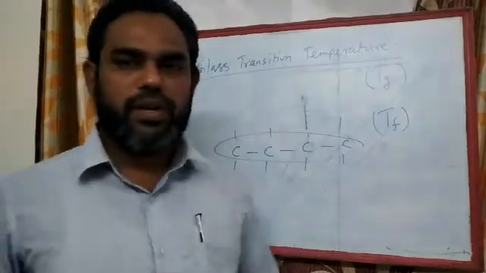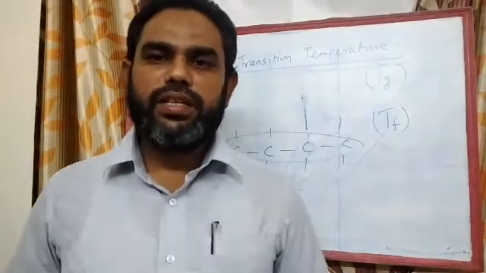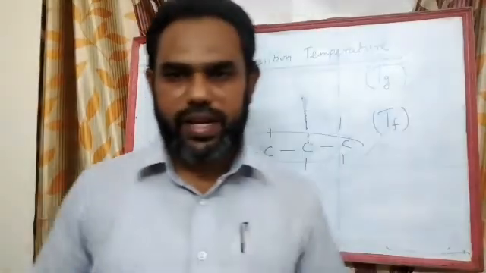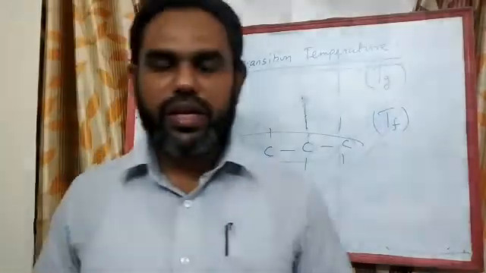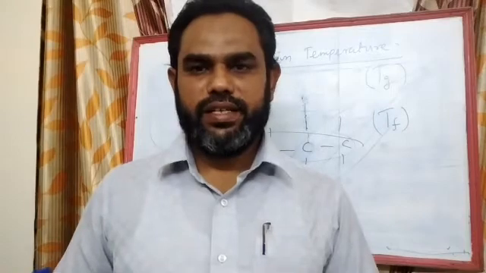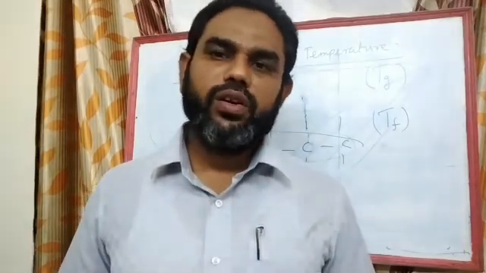This plays a very important role in the glass transition temperature. If the backbone is held by heteroatoms, say for example nitrogen or oxygen, then the chain movement is restricted. It will exert better attractive force between the two layers.